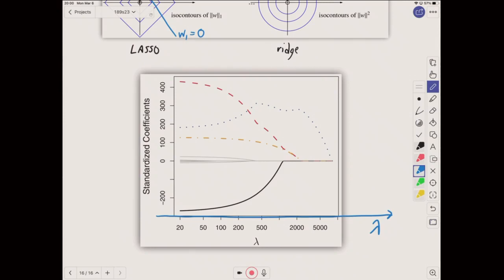And what's plotted here are how each of those 10 variables change as we crank lambda up. What you'll notice is that there's a bunch of small variables that get extinguished first, and then there's some bigger ones that get extinguished later. And so the little ones probably don't have much predictive power, even if they seem to have a tiny bit. The big ones probably do have predictive power, and we should keep them.